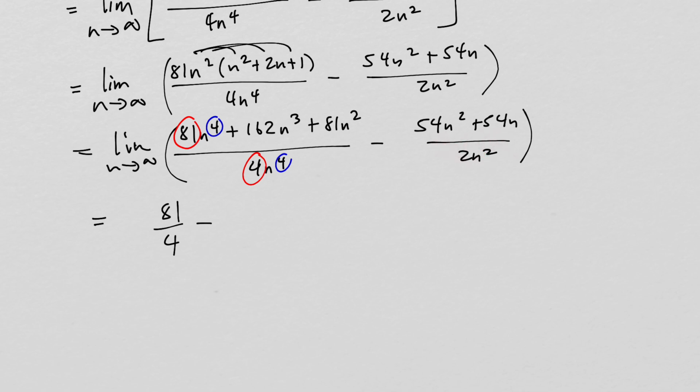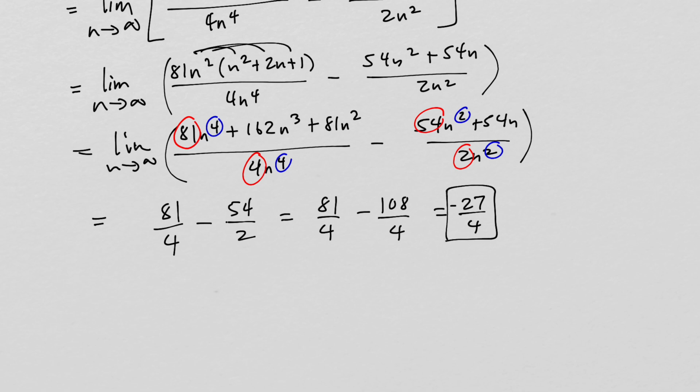You have a polynomial, degree 2. So same degree, leading coefficient divided by leading coefficient is 54 divided by 2. So this is 81 over 4 minus 108 over 4. And when you do the subtraction here, you get negative 27 over 4.